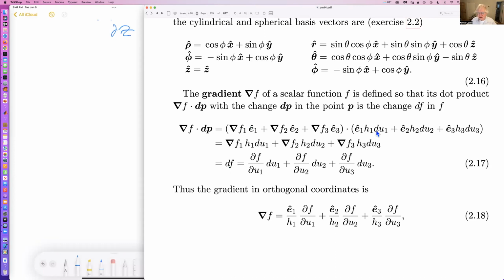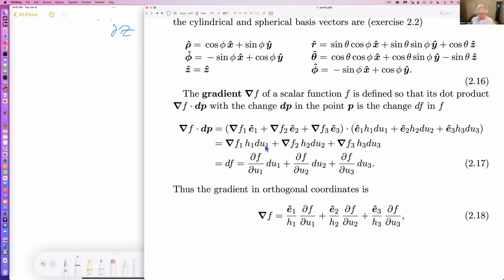And so the e hat i's are orthonormal, and so what we get is this sum, the first component of the gradient times h1 du1, and then so forth for 2 and 3, is df. And then that's also just by ordinary calculus, partial f partial u1 du1 and so forth.